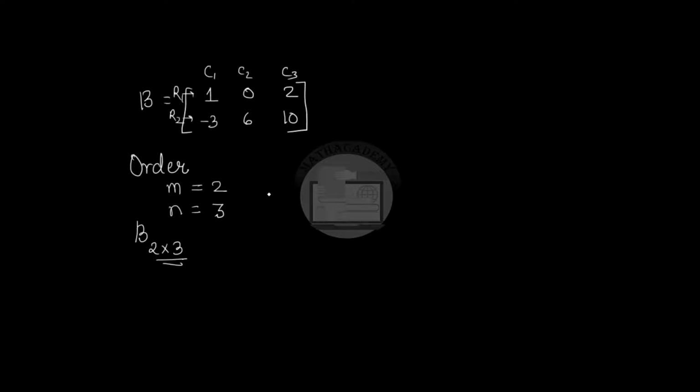Okay, this means that there are a total of 6 elements in this matrix. And what are those elements? They are represented by B11, the element in the first row and the first column, which is 1. B12, first row, second column, which is 0. B13, first row and the third column, which is 2.